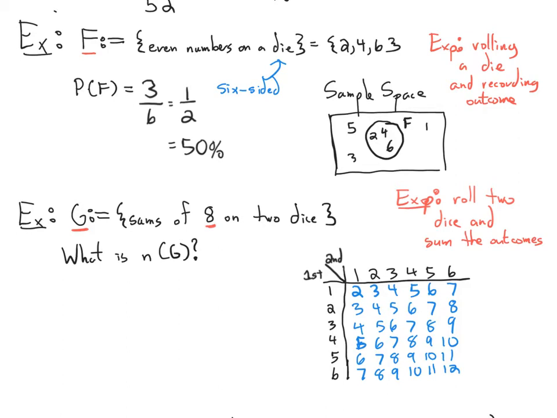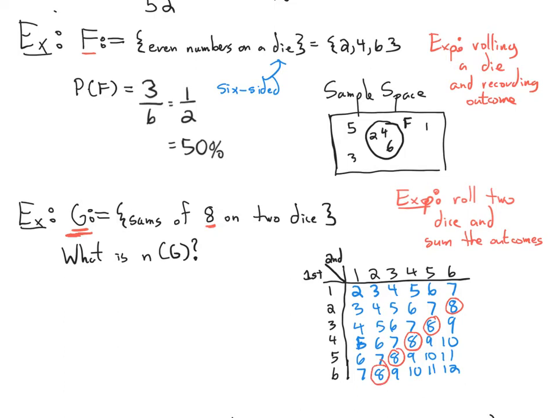So, how big is this event G? How many outcomes? Well, let's see all of the outcomes that have a sum of 8. Here they are: 1, 2, 3, 4, 5. There are 5 of them.